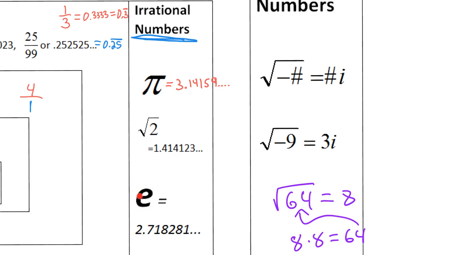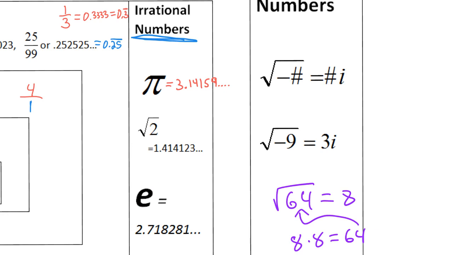Now E, you haven't seen before, but once you go to Algebra 2, you will see it. E stands for Euler's number. That's just the name of a mathematician back in the days, but he came up with this value. E, think about it like pi. You know pi is 3.14159. Some people say it's just 3.14, but it actually keeps going.